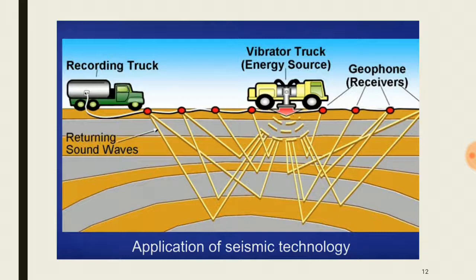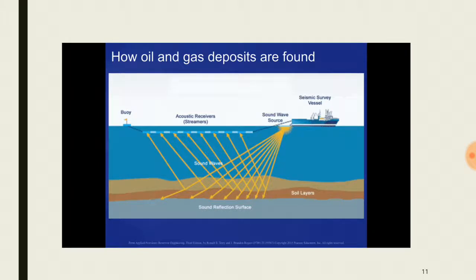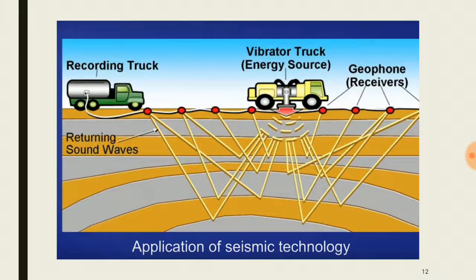There is a vibrator truck, which is the energy source. This vibrator truck will emit some energy or waves, and once the waves go down the earth, they reflect back, and you can see here there are geophones or receivers.